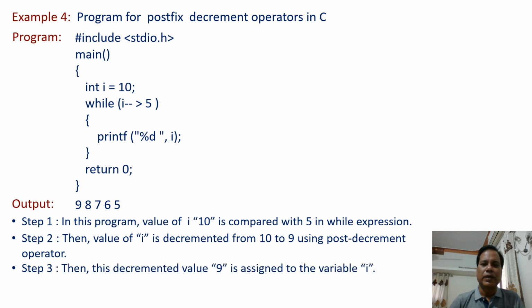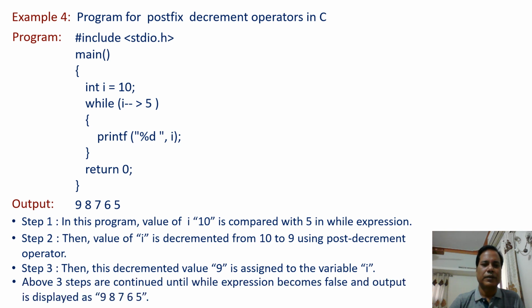Step 3, this decremented value 9 is assigned to the variable I. The above 3 steps are continued until the while expression becomes false, and the output is displayed as 9, 8, 7, 6, 5.